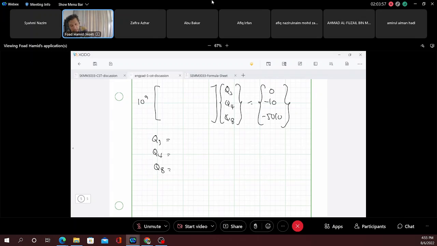So what I get here is 6.6687 times 10 to the minus 6 meter, minus 2.1563 times 10 to the minus 5 meter, and minus 5.2238 times 10 to the minus 5 meter.